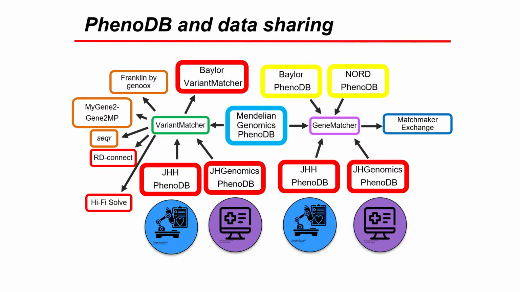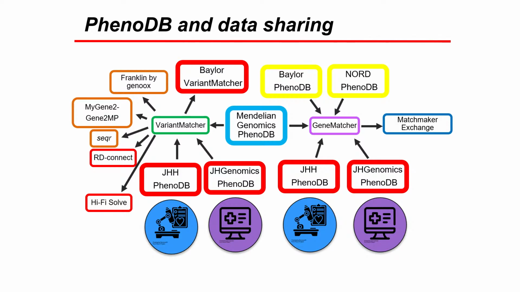And you see here that on both sides, gene and variant, we have GA Genomics PhenoDB, which is basically a clinical lab at Hopkins that we are planning to connect to both networks. And we also have our Hopkins clinical database that we are also planning on connecting in both networks.